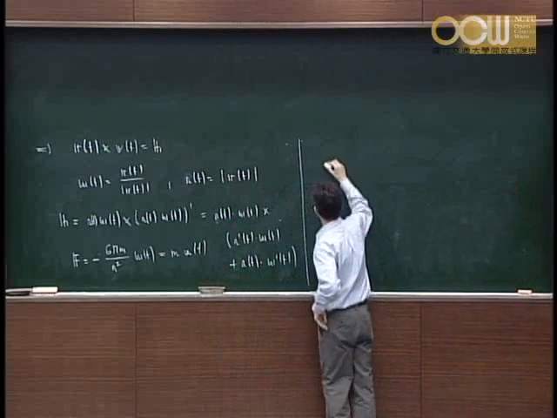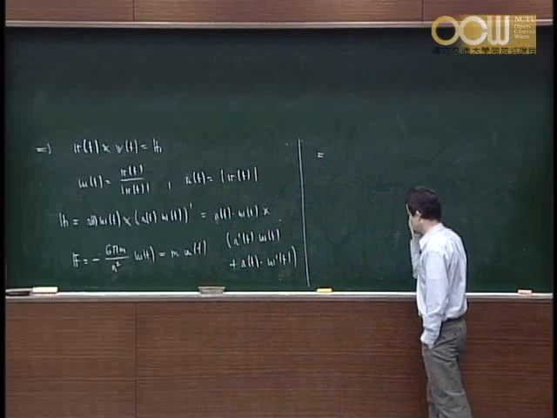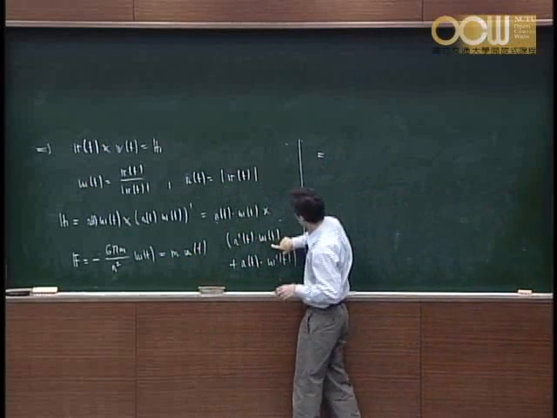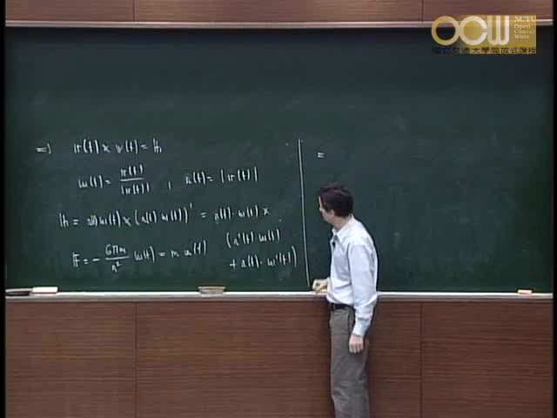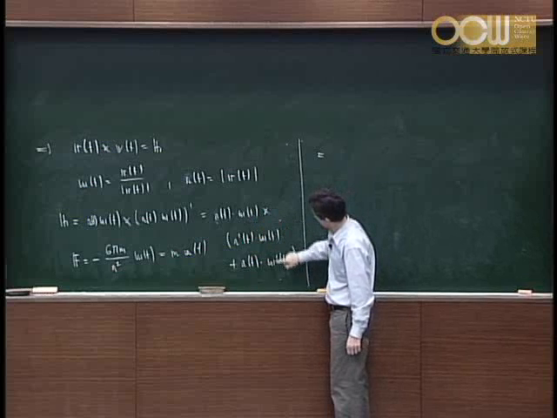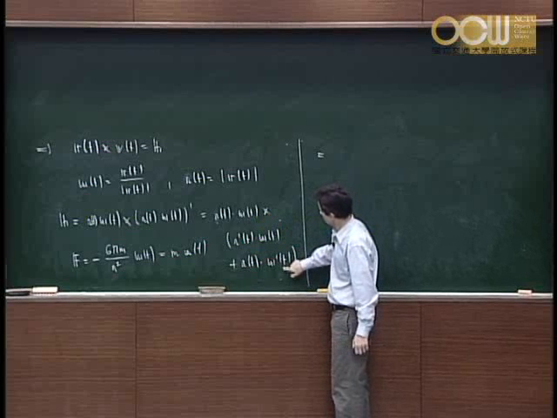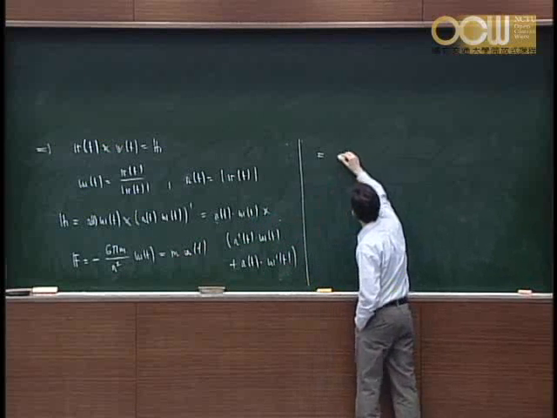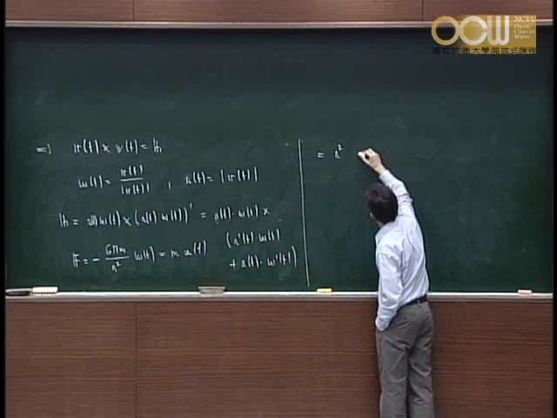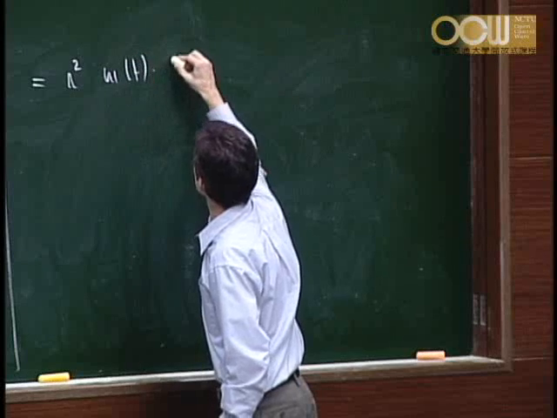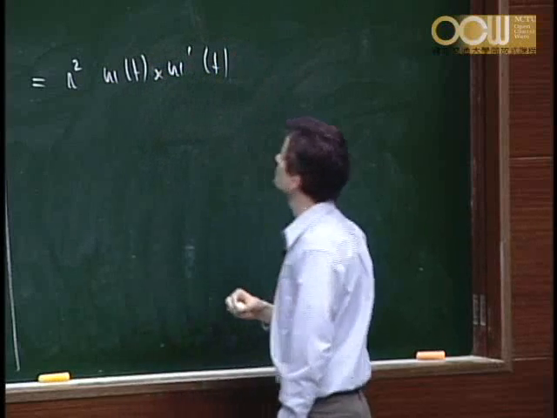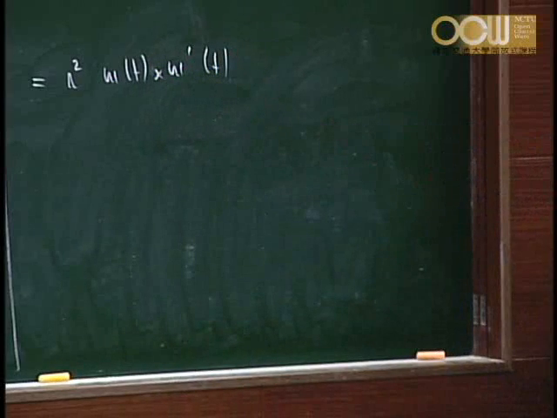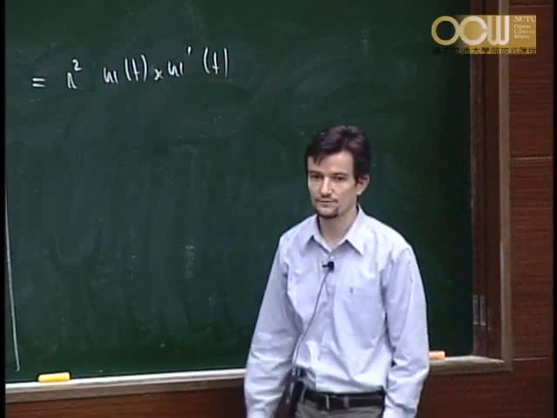If I multiply this with this term, I have the cross product of u with itself, so this will be equal to 0. And this one I must keep. So I have here r square times the cross product of u with the derivative of u.